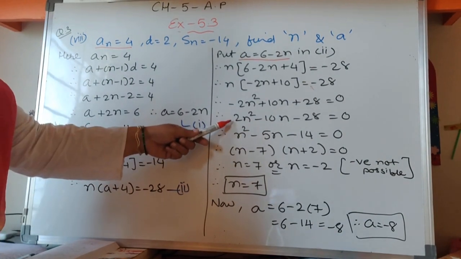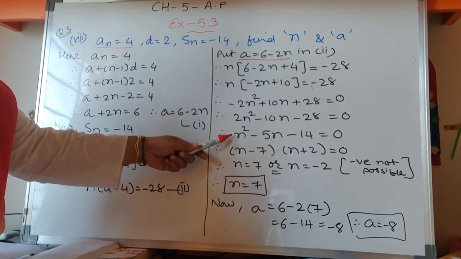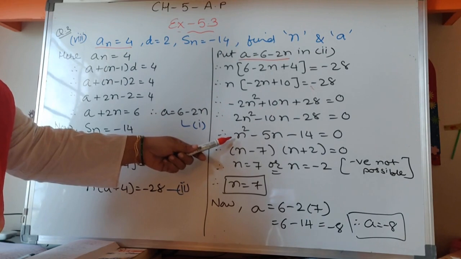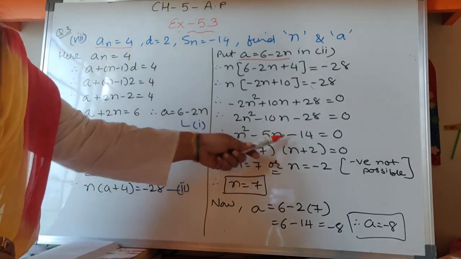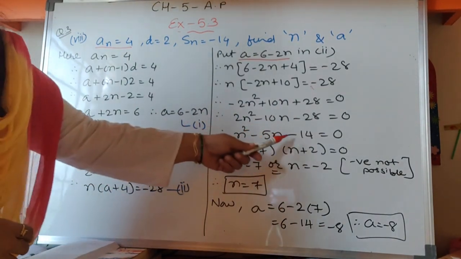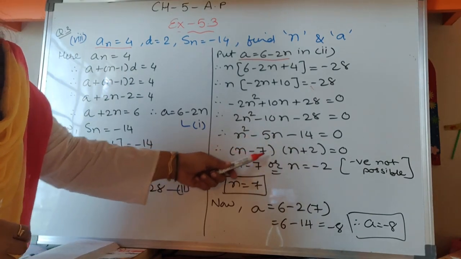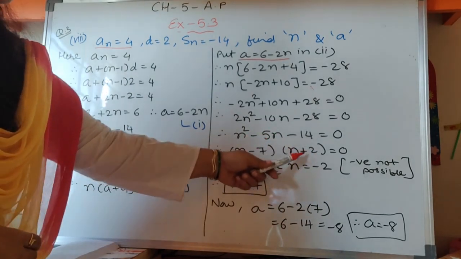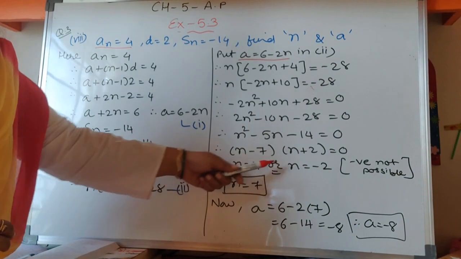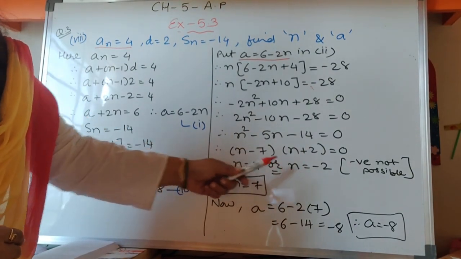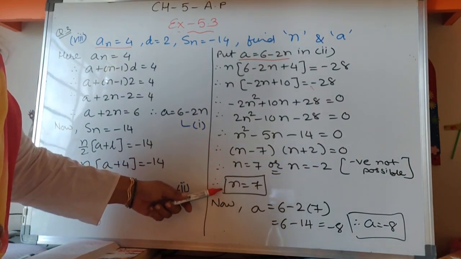If I take out 2 as common, then finally the quadratic equation is n square minus 5n minus 14. So minus 14, minus 5: 7 twos are 14, so minus 7 plus 2 are the factors. But n cannot be negative. Therefore, we select n is equal to 7.